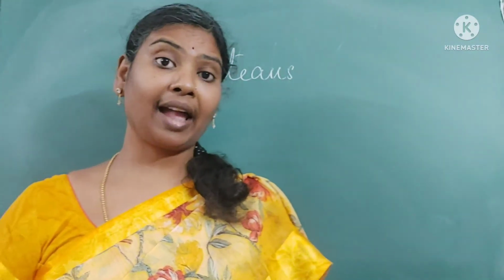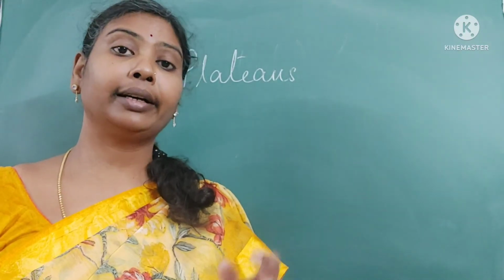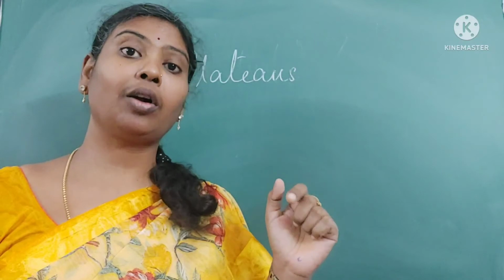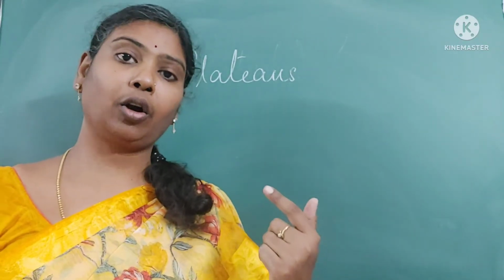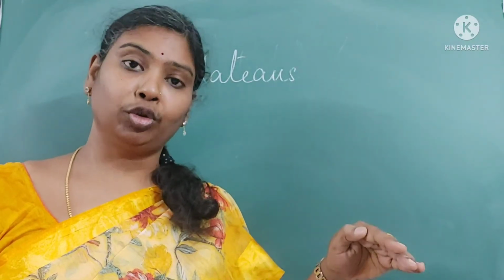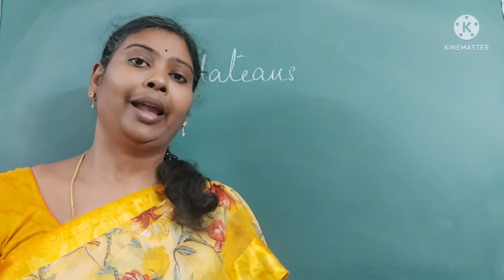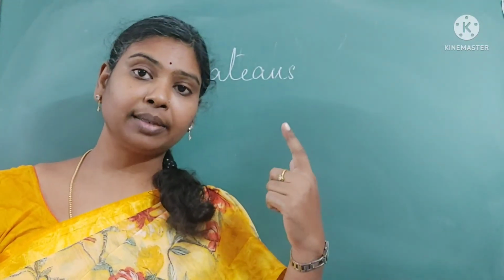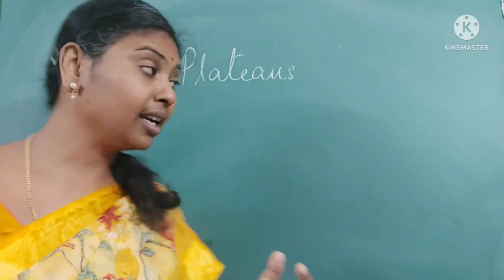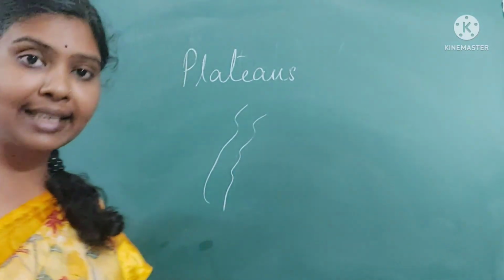But since it has so many sandstones and limestones, the continuous wear and tear of these rocks will make the plateau smooth and sometimes tilted. And we have so many running streams. These running streams make the plateau dissected.